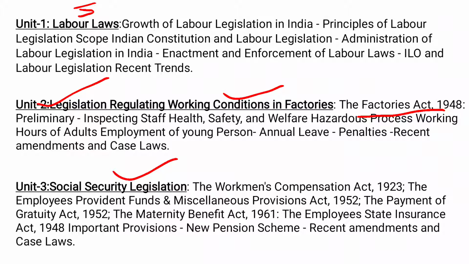Then Unit 3, that is social security legislation. The name indicates itself: social security, meaning the laws related to security for the employees that you are going to study.